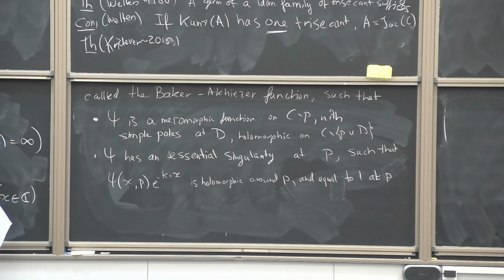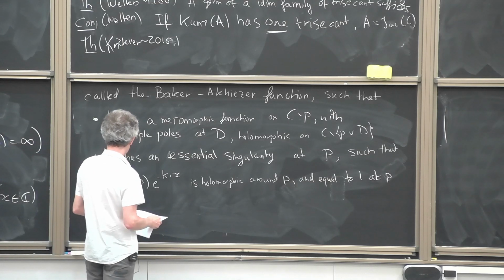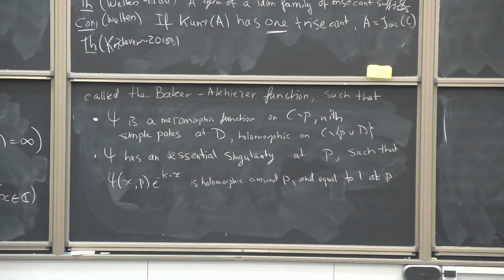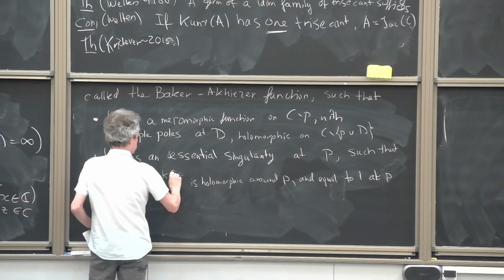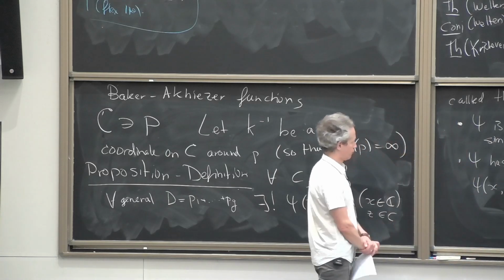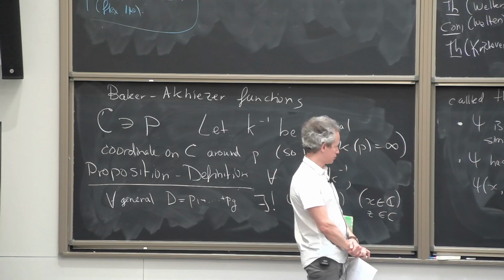Did I write some nonsense? Yes? And this is a function of z. Z is on the curve, right? So this means k of z times x, z. I think I'm good.